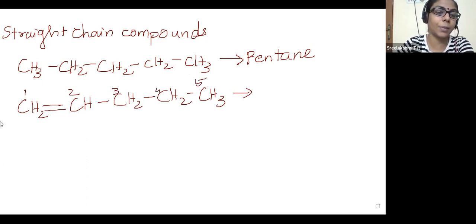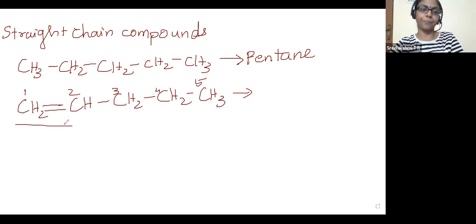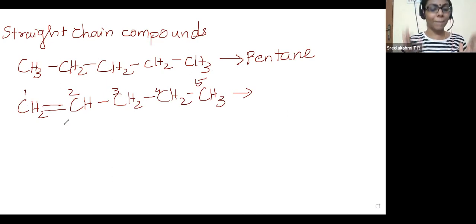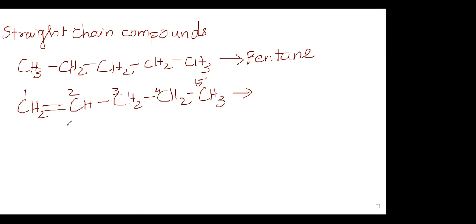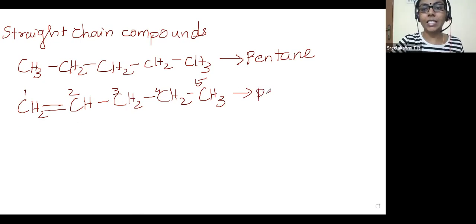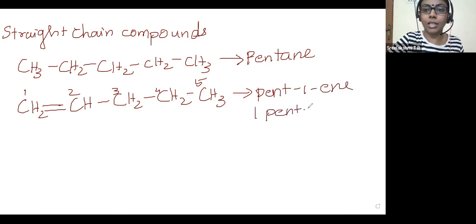Among the 5 carbon atoms, the first position itself is the one involved in the double bond. First and second, of course, but first one means obviously the second one is also involved, isn't it? If you specify the first one, it is obviously making this bond with the second one. Am I correct? Yes, ma'am. Okay, so that is again pent-1-ene or 1-pentene. Both are correct. Both ways you can represent it.